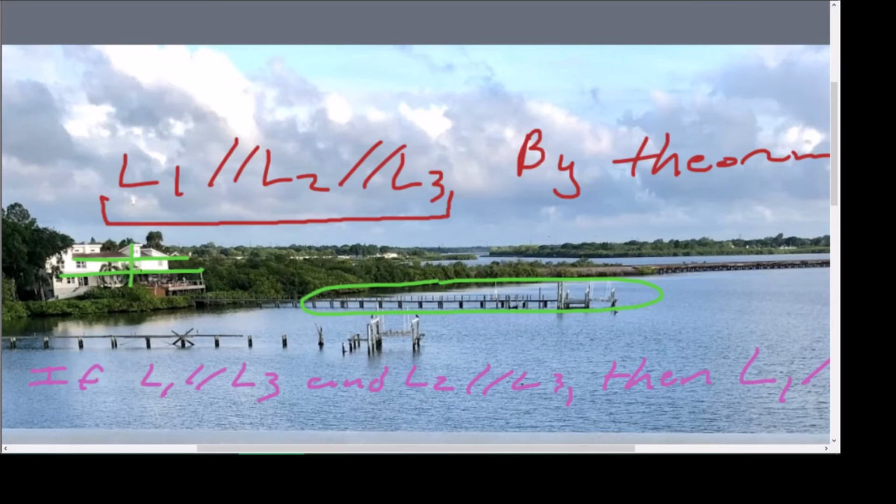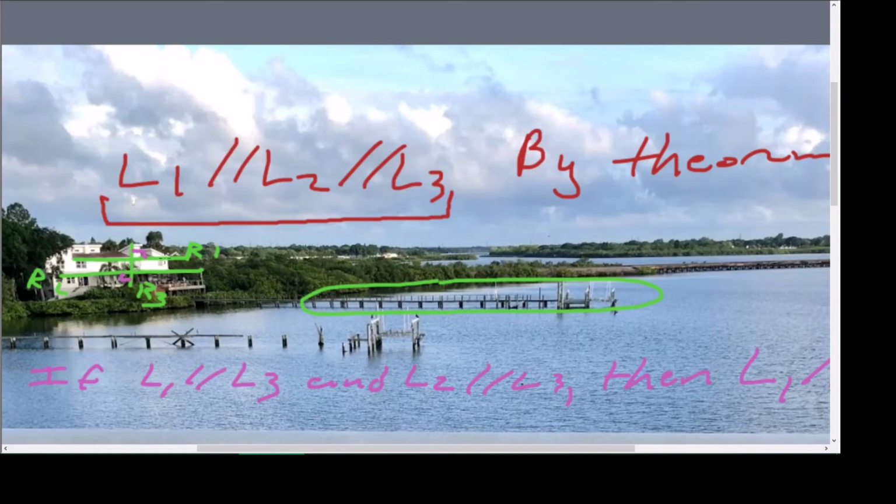So, with these lines, I'm going to call it R1 for roof line 1 and R2, and I want to see if they are parallel. I'm going to do that using the three lines I have here. R3 and R2 are perpendicular. R1 and R3 are perpendicular.